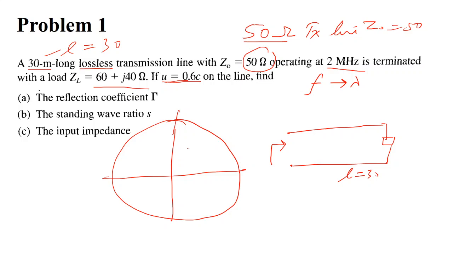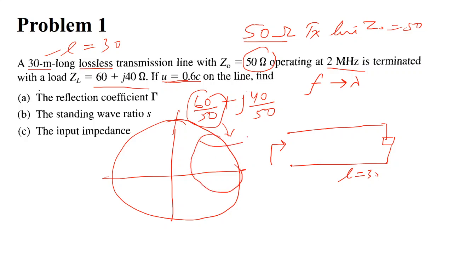Here ZL is 60 plus j40. First of all, you divide by the 50 ohm line to normalize this. So you divide by 50 ohm, and this is the value of R. So you find the R circle, whose value is given by 60 over 50.